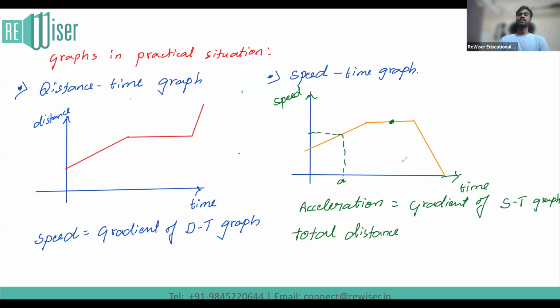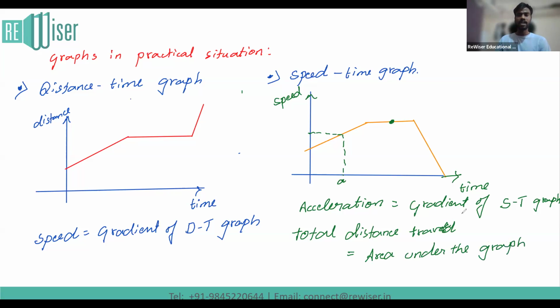Whenever the speed time graph is given, the total distance traveled between 2 points is going to be the same as the area under the graph.